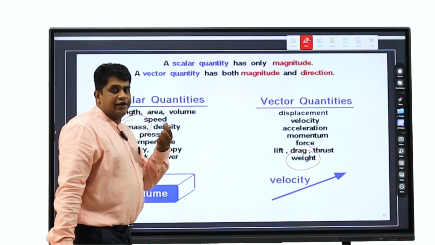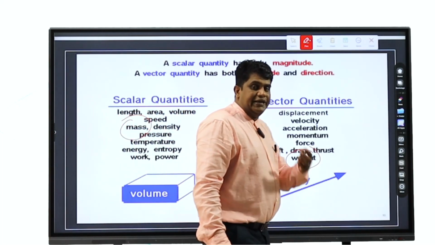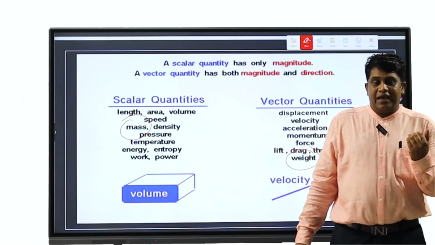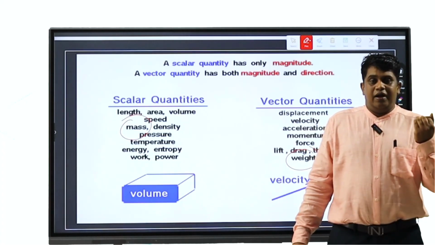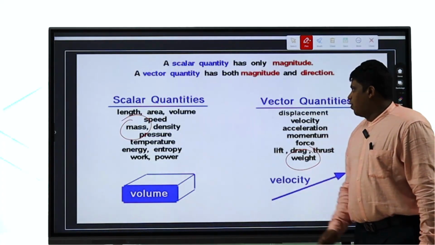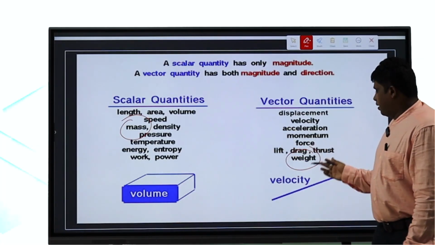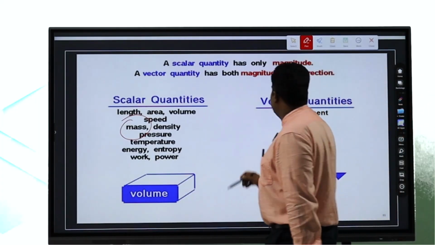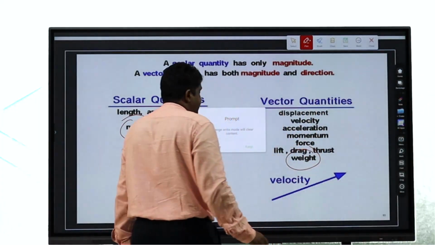But mass is the content of matter; it has no change and no direction when we go to the moon. So mass is a scalar quantity, but weight is a vector quantity. That is the difference between scalar and vector quantities.